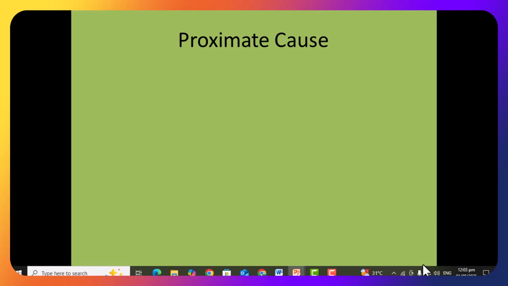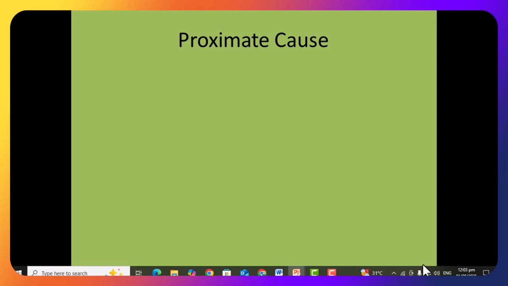So if a loss occurs, it's the responsibility of the client to prove that the loss is one of these causes. Insurance companies normally look for the cause which triggered the chain, the event which resulted in the loss.